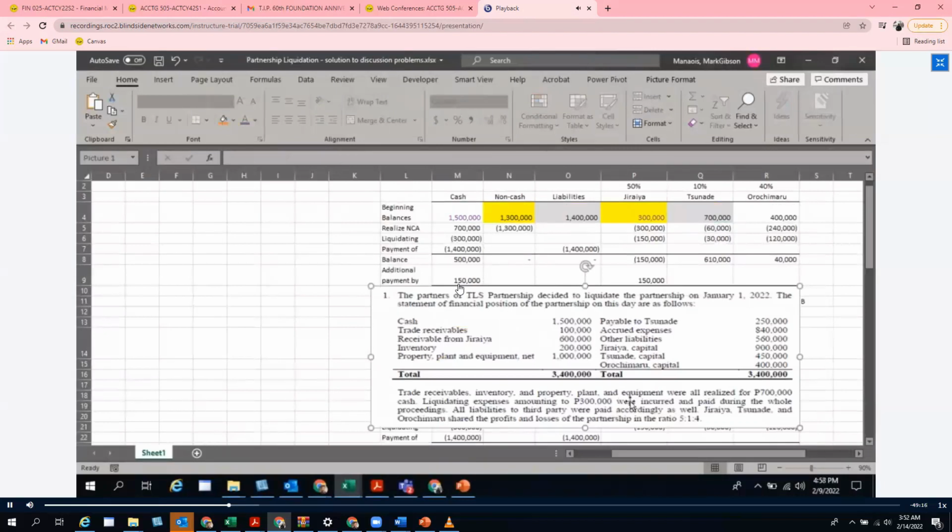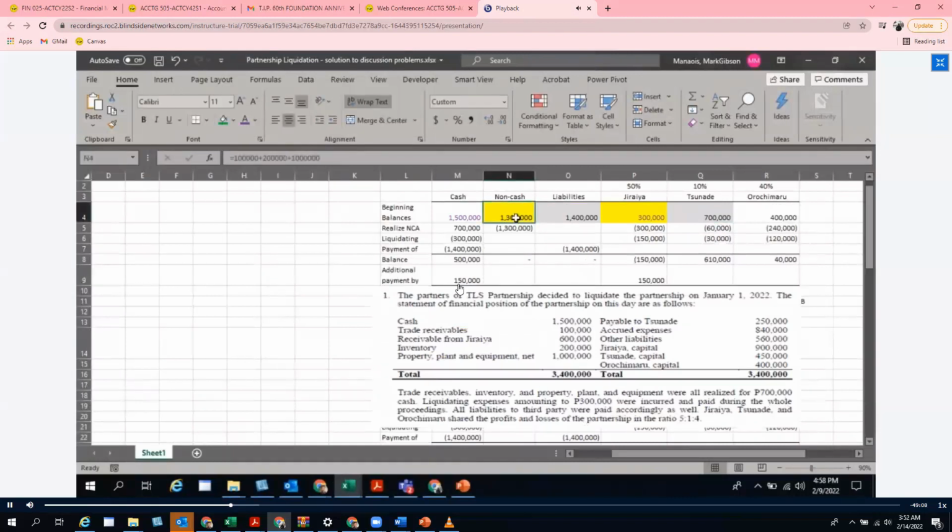Trade receivable, inventory, plant and equipment were all realized for 700,000. Listen, remember, yun kanina, tinotal natin yung non-cash excluding receivable from Jairaya. So effectively, all of these assets mentioned here, which totaled to 1,300,000, naibenta lang daw for 700,000.